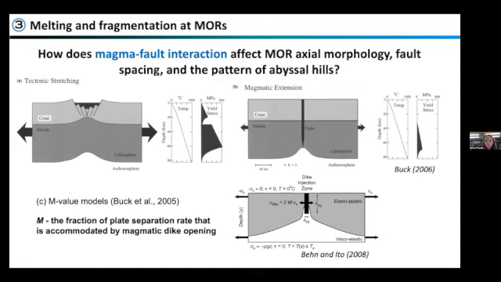A number of studies have used this model for the last 20 years, and valuable results have come out of this, but they all depend on the value of M. There are some studies that also estimate the value of M for different ridge systems.